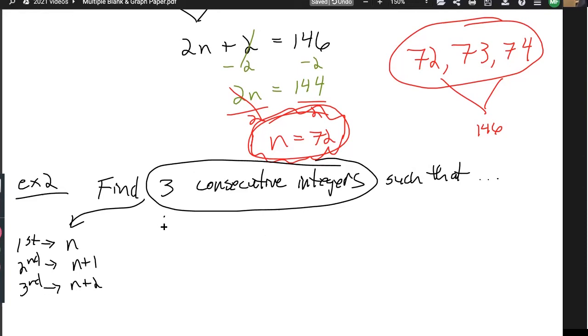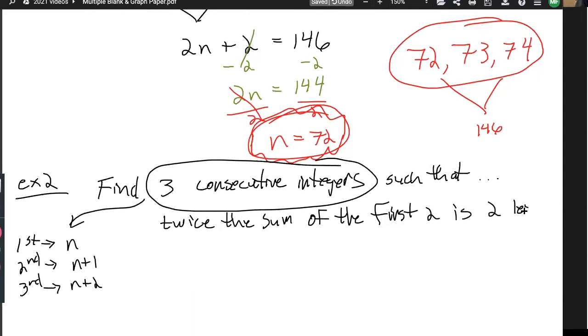Such that twice the sum of the first two integers is 2 less than 3 times the third. That's a riddle.